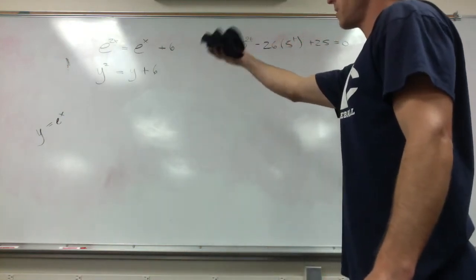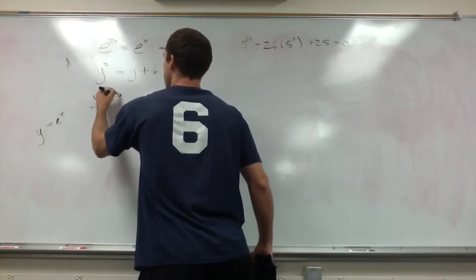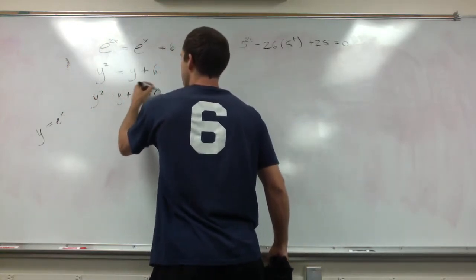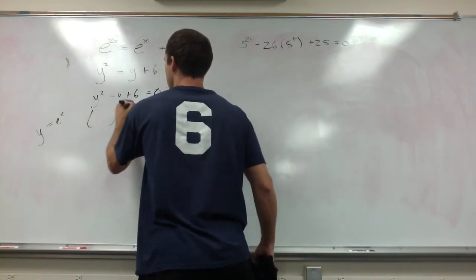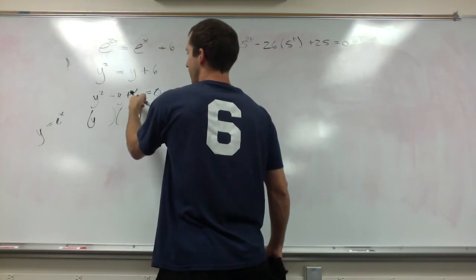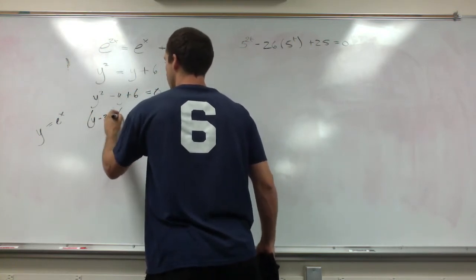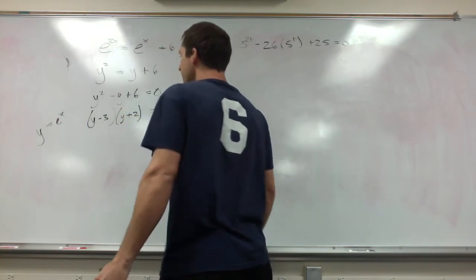If I think of it like this, it's just a quadratic equation that I can set equal to 0, factor. So I'm thinking what multiplies to 6 and adds to -1. So that's -3 and 2.